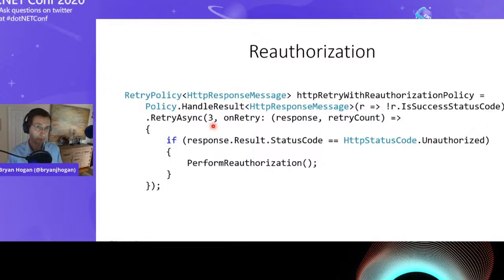And then specifically within the retry, prior to executing the retry, this block is hit. And if the status code is unauthorized, you perform some custom reauthorization logic. That might be going out and getting a new JWT or a new cookie or whatever it happens to be. One drawback on this one is if you try to do this with an HTTP client factory, it is more complicated. But I have some examples on my blog for that one.